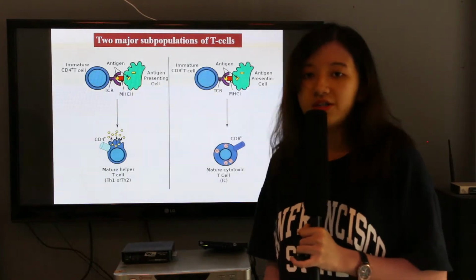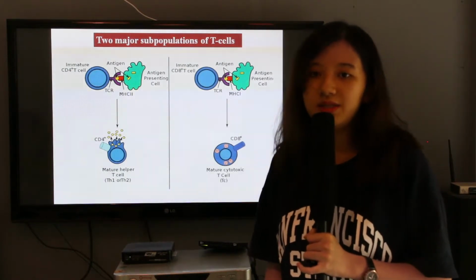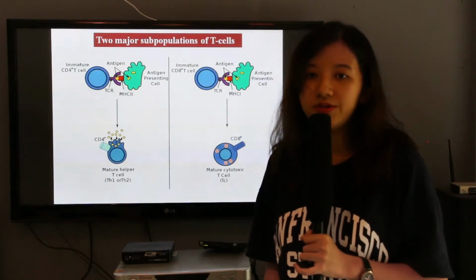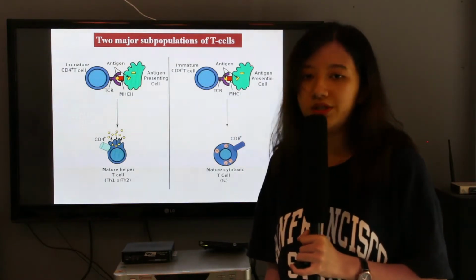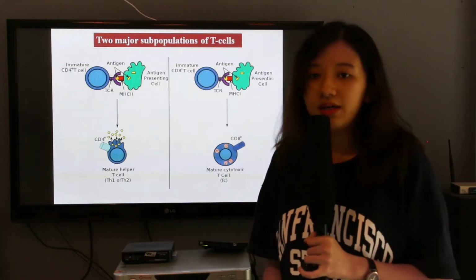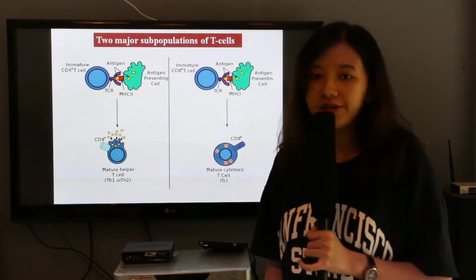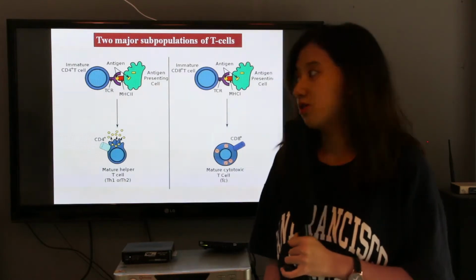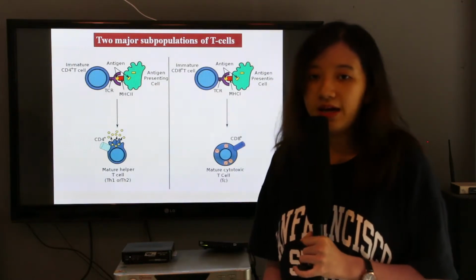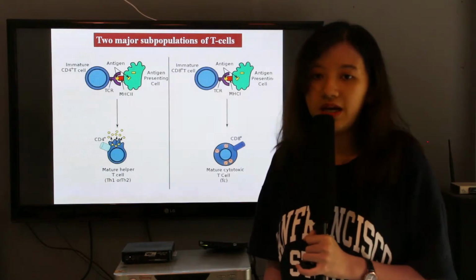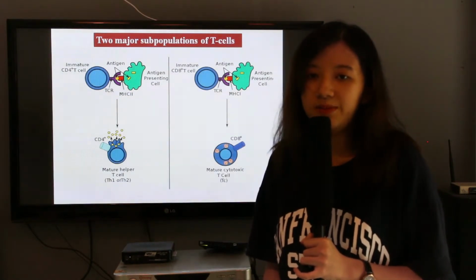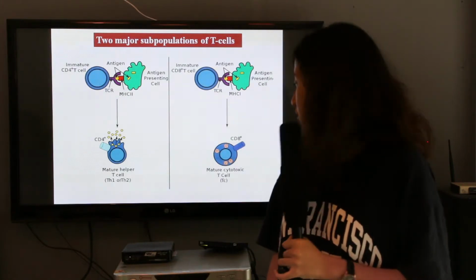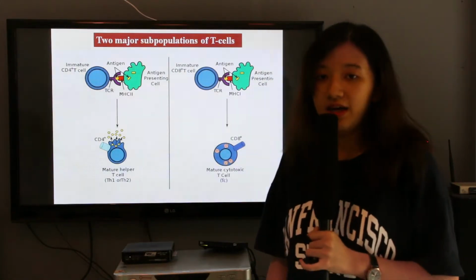Next, there are two major subpopulations of T cells. Alpha beta T cells are subdivided into two distinct non-overlapping populations. One subset carries the CD4 marker and mainly helps or induces immune responses, which is called the T helper. The other subset carries the CD8 marker, the CD8 plus T cell, and is predominantly cytotoxic, which is called a TC.